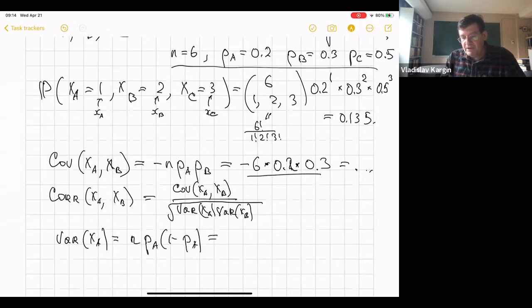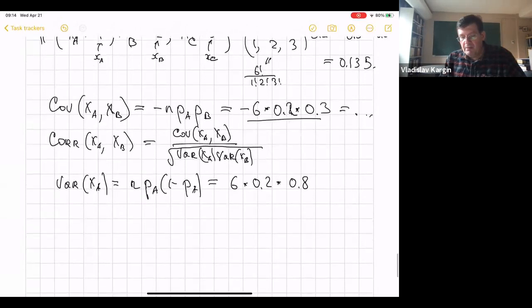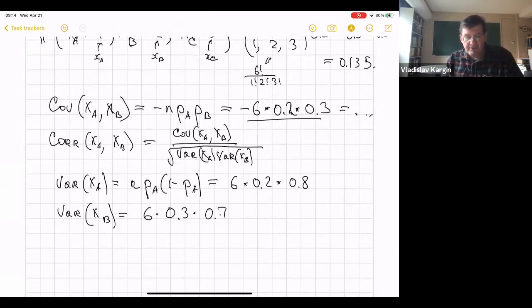So in this case, it's equal to 6 multiplied by 0.2 multiplied by 1 minus 0.2, so 0.8. And the same thing for the variance of XB. It will be equal to 6 multiplied by the probability that B wins, 0.3, multiplied by 0.7.